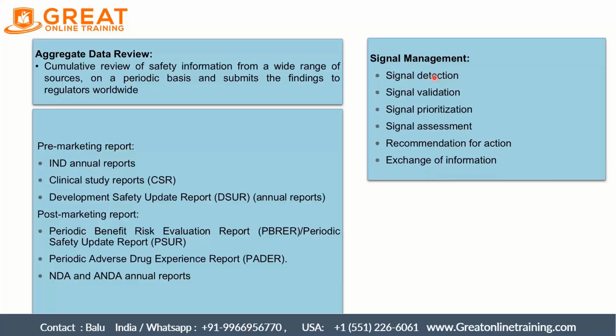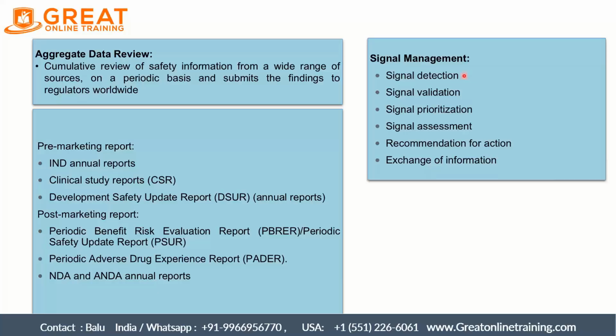Coming to signal detection, signal detection in pharmacovigilance involves looking at adverse reaction data for patterns that suggest new safety information. From the different sources that we discussed in the earlier slide, once we get to know about an adverse drug reaction, we do our ICSR assessment, where we give our labeling assessment, seriousness and causality assessment, providing our initial input on whether the event is associated with the medicine or not, and whether the event is new or already existing.